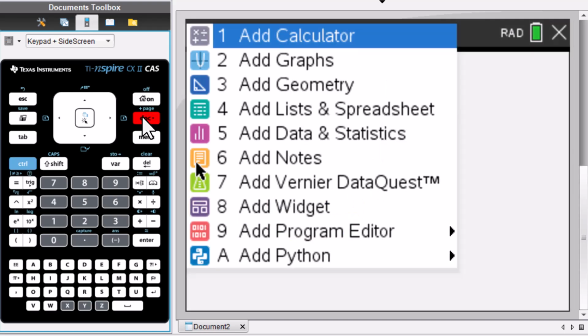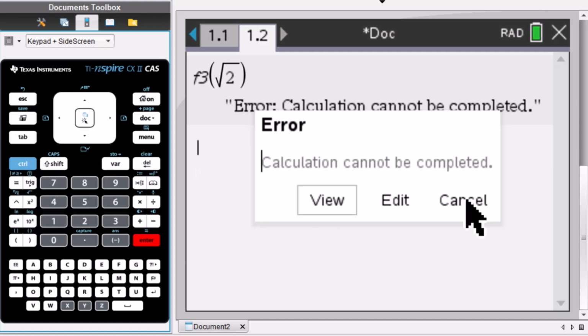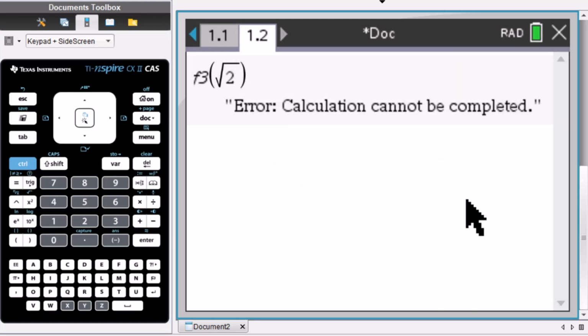Let's add one more page. Calculator, variable f3 of square root of 2, enter. Calculation cannot be completed.